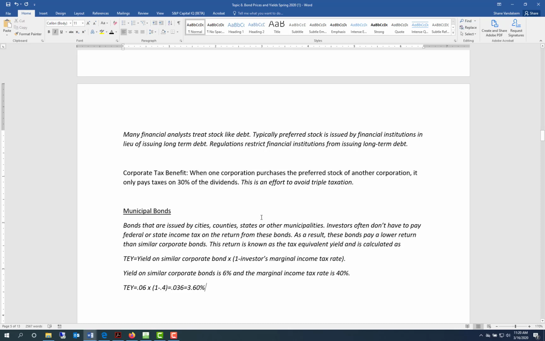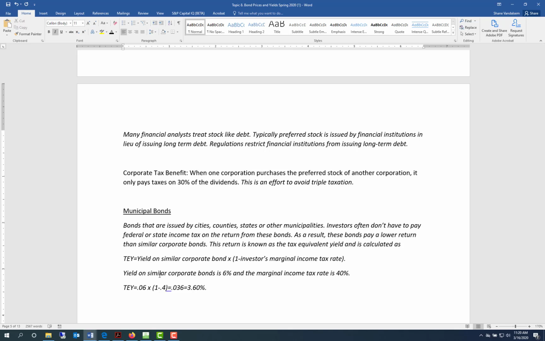Because if I'm an investor and I pay a 40% marginal tax rate, I'm indifferent between purchasing our AA corporate bond with a 6% yield, or my municipal bond at 3.6%, because my after-tax return is going to be the same. Okay.